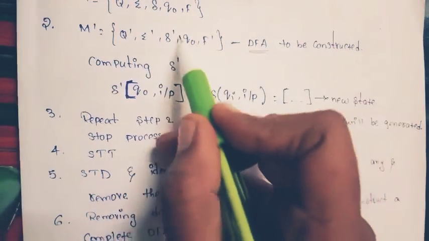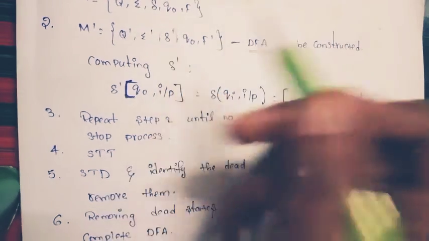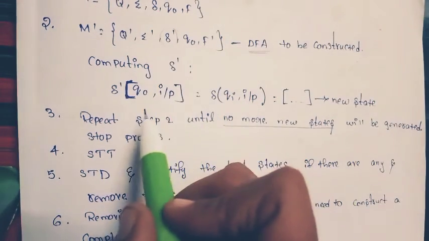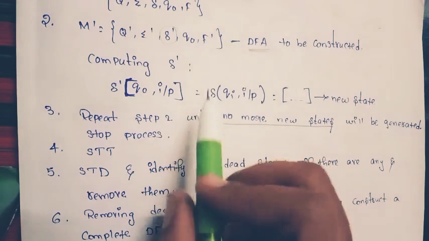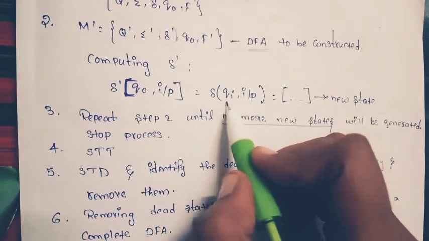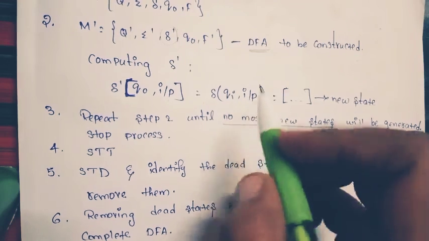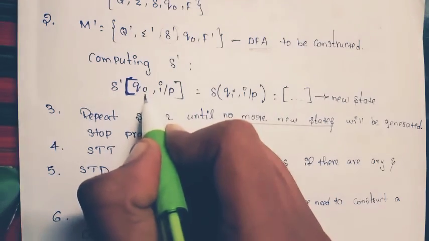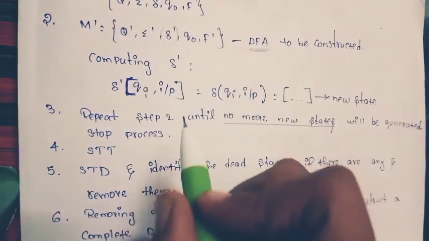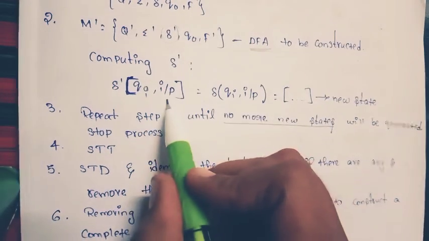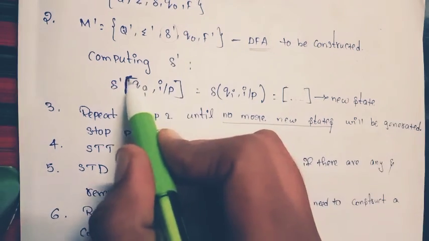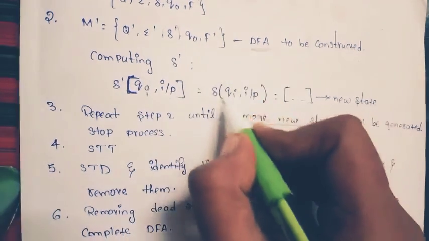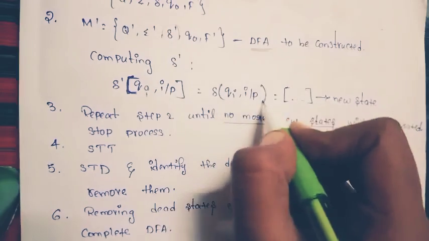Here is how to compute this delta dash. Delta dash of q0 comma input equals delta of qi comma input. It is q0 or qi. This is the state, guys. You can take any state, and this is the input symbol. You need to change these brackets into these type of brackets.